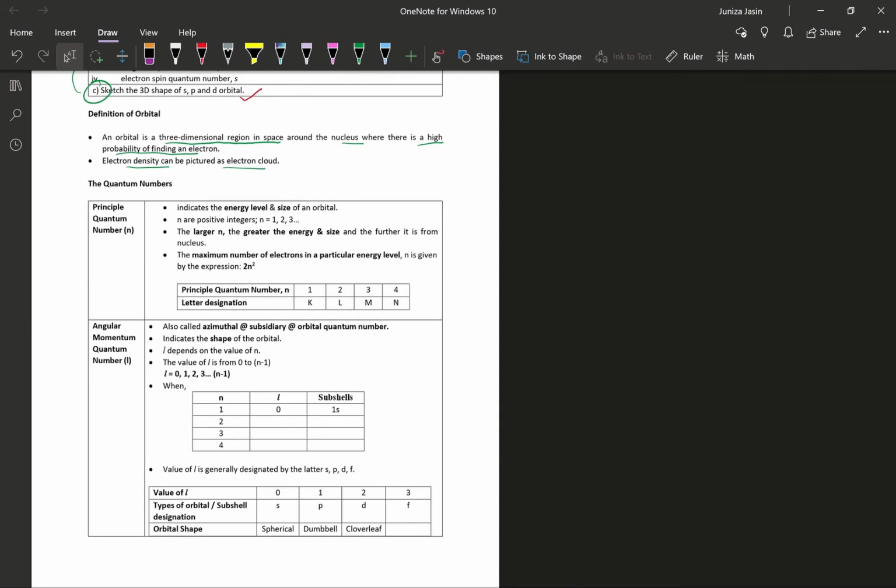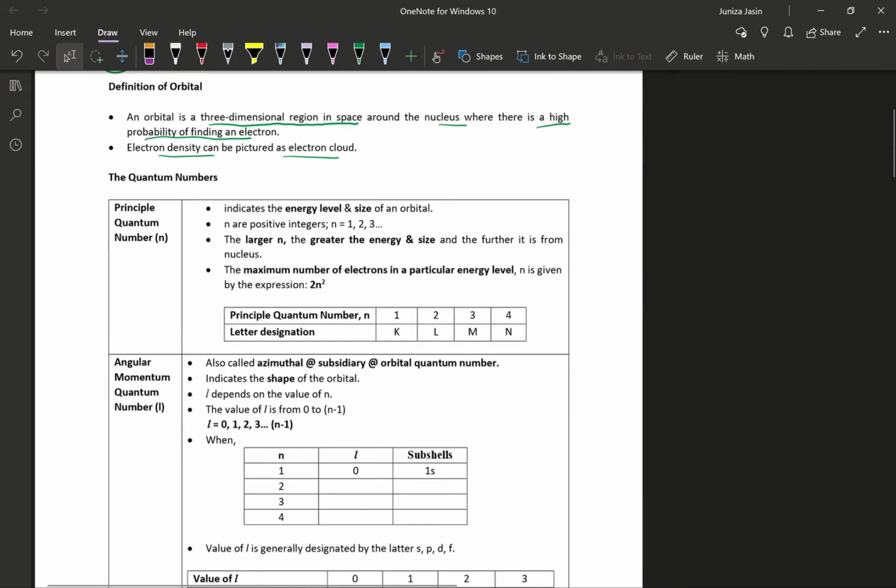Okay, so definition of orbital. This one we already discussed in the last part of chapter 2.1. Dekat last part chapter 2.1, Heisenberg membuktikan Bohr atomic model tu ada kelemahan, iaitu Bohr atomic model cakap kita boleh tahu position of electron sebab electron tu berada pada orbit kan.